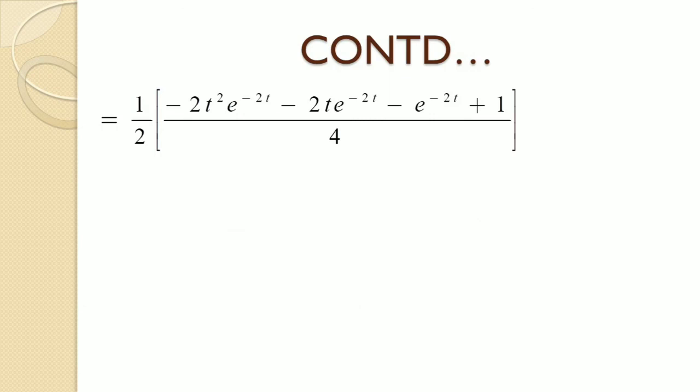Now taking 4 as LCM, we get 1 by 2 into minus 2t squared e power minus 2t minus 2t e power minus 2t minus e power minus 2t plus 1 by 4. Now taking 4 outside, we get it as 1 by 8 into 1 minus 2t squared e power minus 2t minus 2t e power minus 2t minus e power minus 2t.